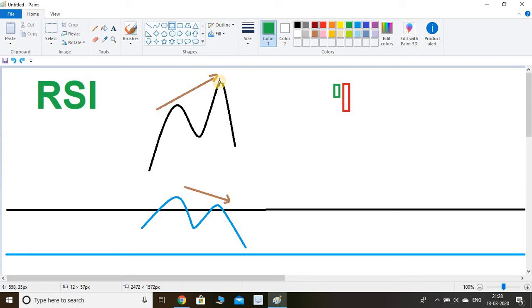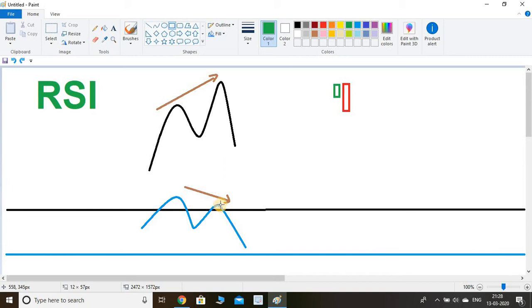But what about RSI? It is making lower highs. This is called relative strength. Price is making a higher high, but RSI is not making a higher high. This is the main purpose of relative strength index.